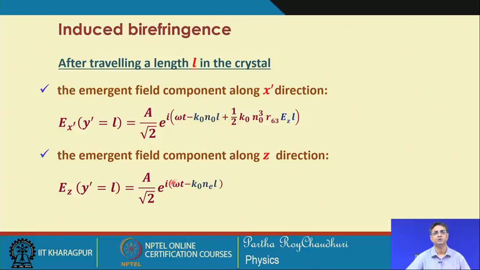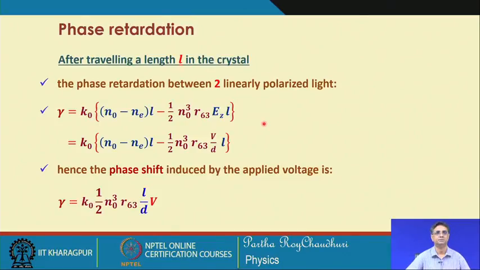If I take the difference, omega t cancels. This will give you k 0 times the difference of n o and n e, into L, and this will be staying back as it is, and this is the only voltage dependent, field dependent phase birefringence. So, I get this phase, which is equal to this.